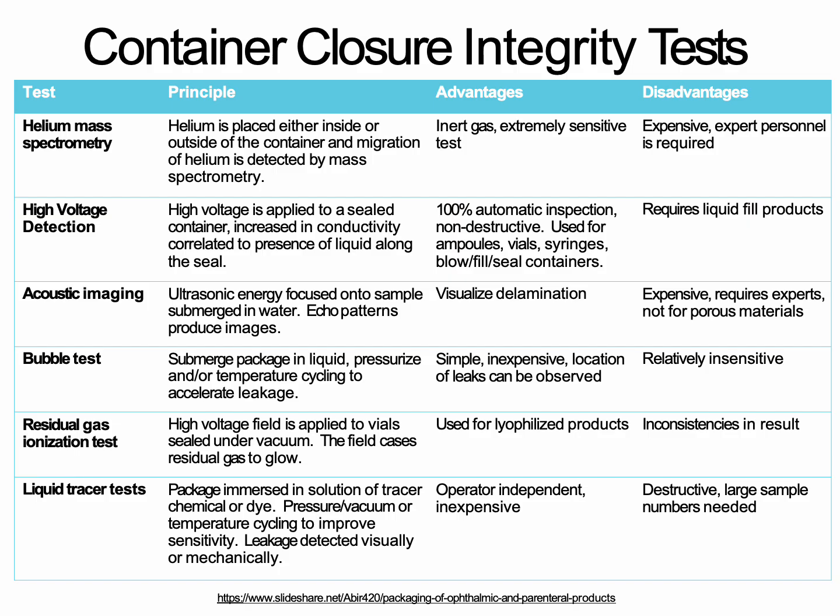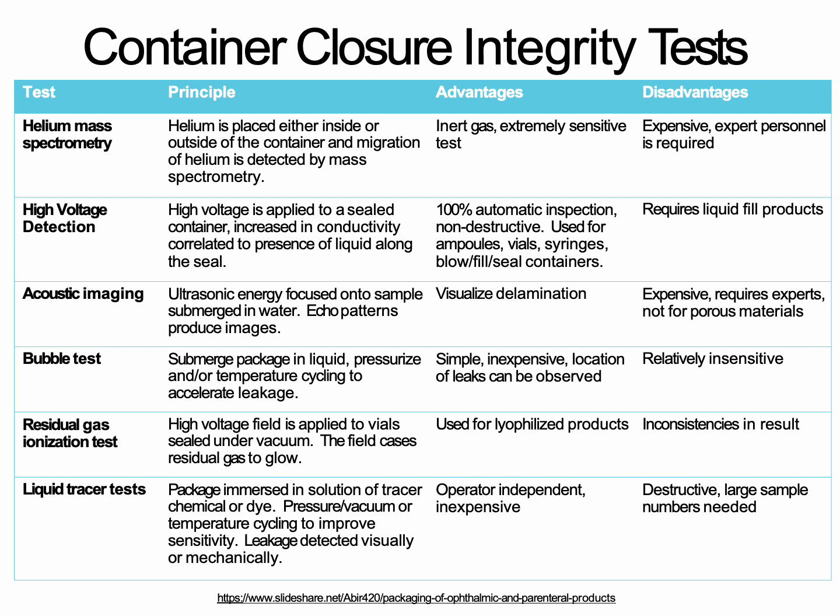Now, this table is again showing, in just one slide, the container closure integrity tests. On the left side, you have all of the tests such as helium mass spectrometry, high voltage detection, acoustic imaging, bubble test, residual gas ionization test, liquid tracer test, and of course you have several other tests as well.